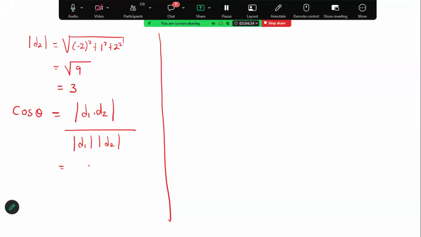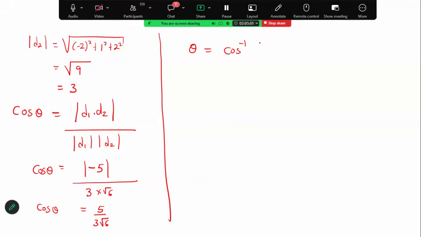Here our dot product is going to be, remember you got negative 5. This is 3 times root of 6. So cosine of theta is equal to 5 out of 3 root of 6, and therefore theta is cos inverse of 5 out of 3 root of 6. You go on and get your answer for that. So here, I'll have 47.124 degrees.